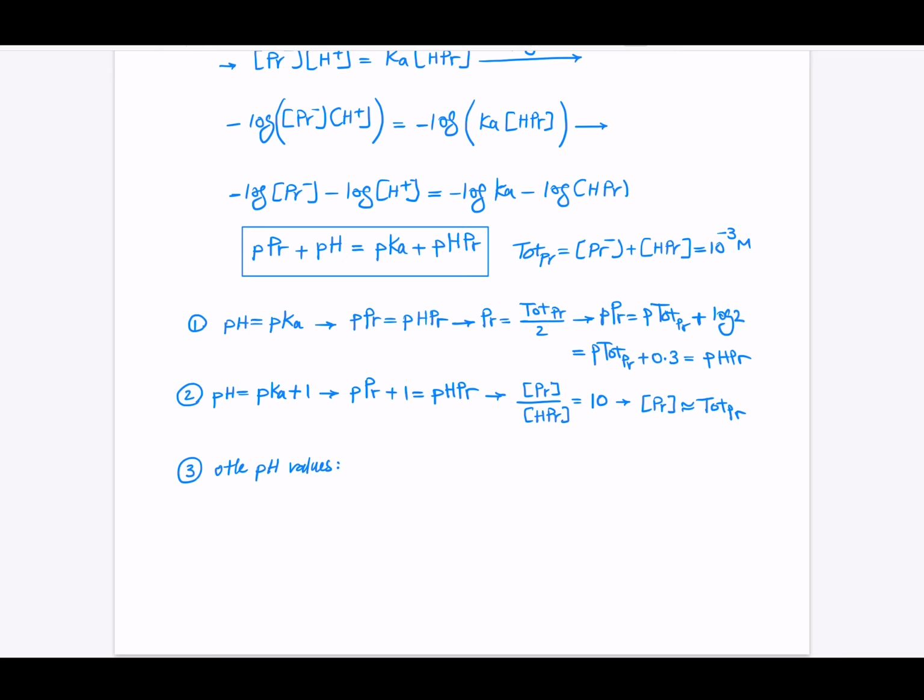At other pH values, let's just look at PR, because this would be the same logic for HPR. When we look at the equation, we get pPR plus pH equal to pKa plus pHPR. But we can actually simplify this equation based on what we just observed in the graph.